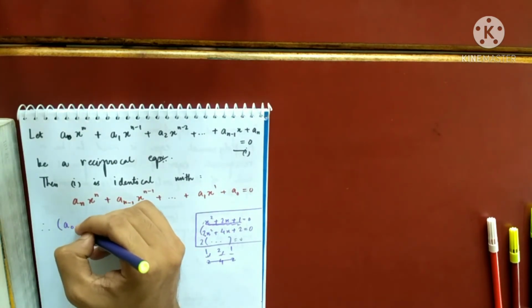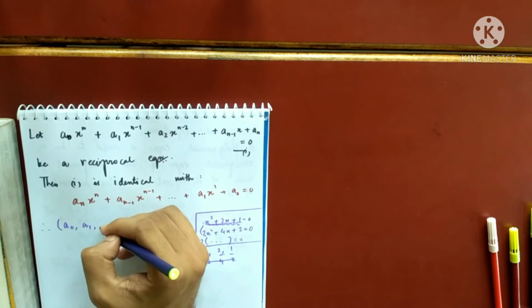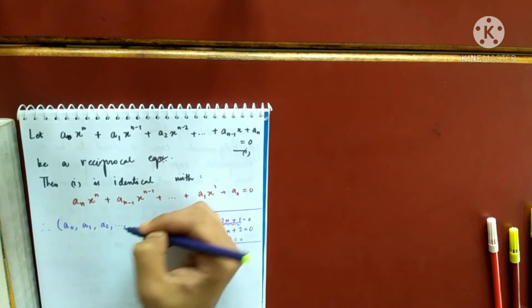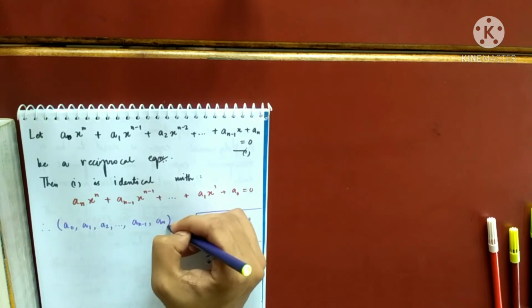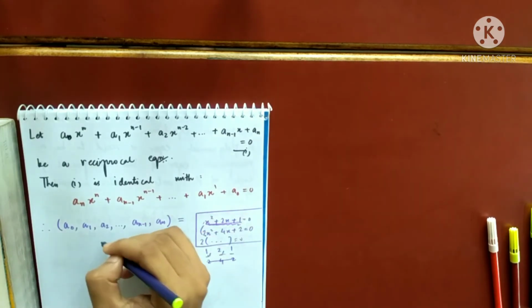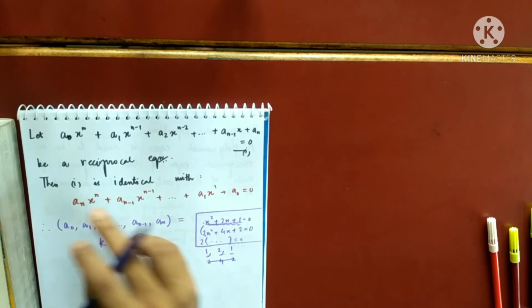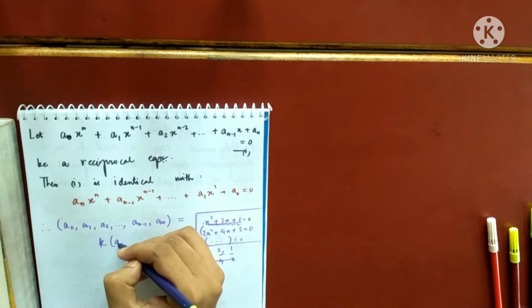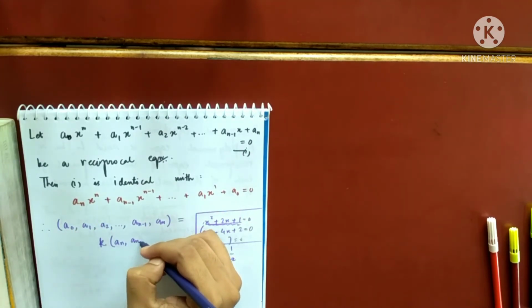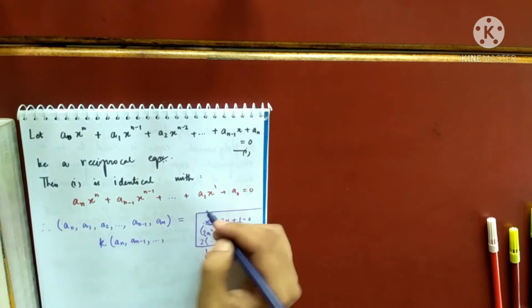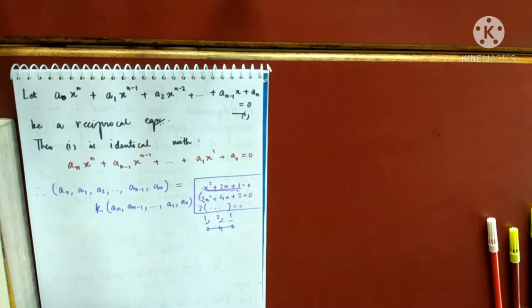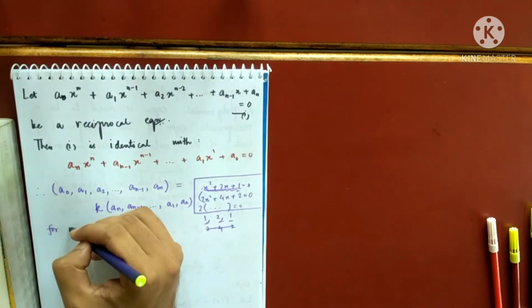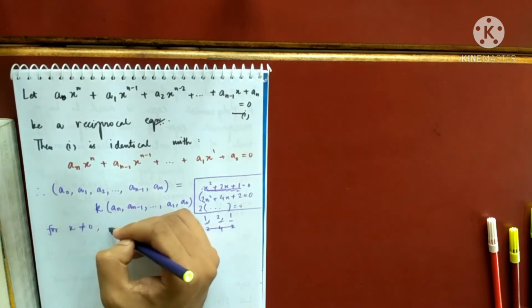So these coefficients a0, a1, a2, dot dot dot, an minus 1 and an will be the same as some number k times the coefficients an, an minus 1, dot dot dot, a1, a0, right? For k not equal to 0 and k a real number.